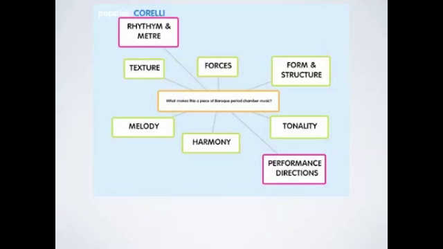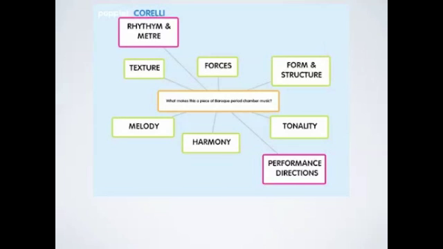Now, I made this through Popplet, a great app you should get for your iPads or iPhones or iPod Touches. And I made this graph that shows you the musical elements that you should be following and in what order we're going to look at these.